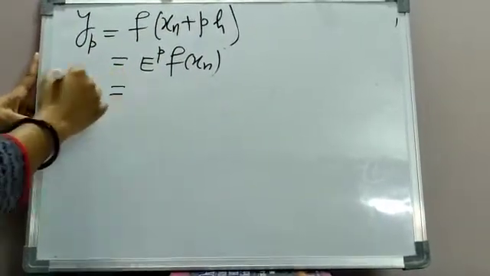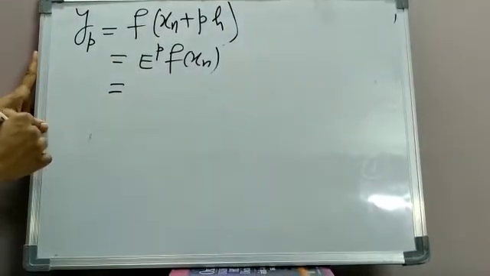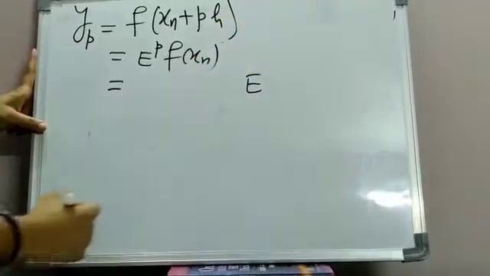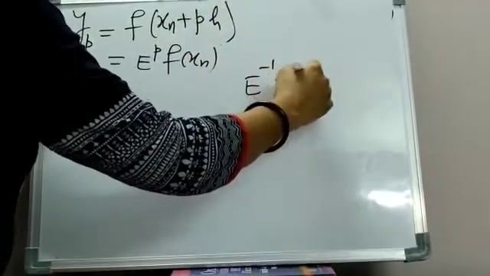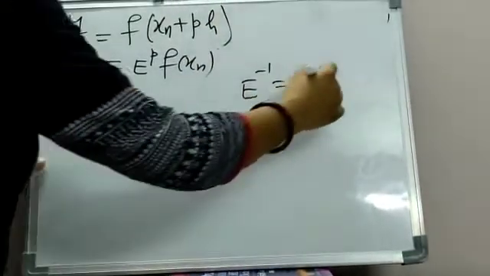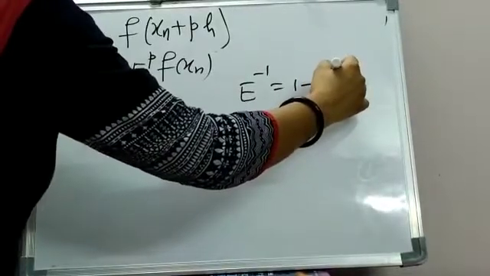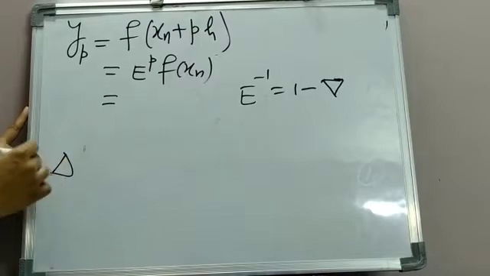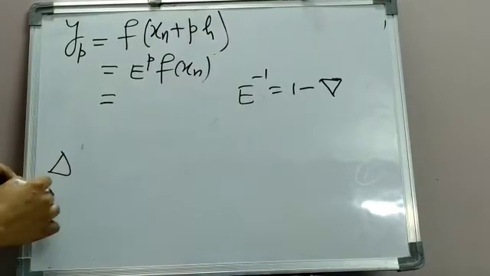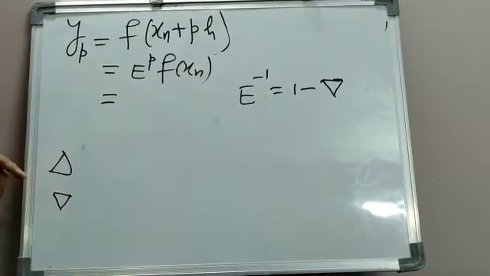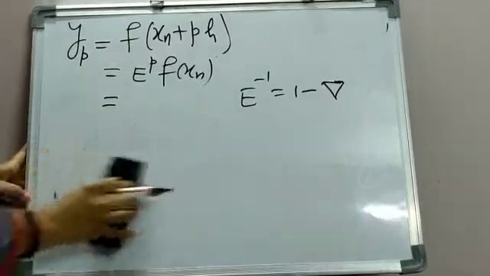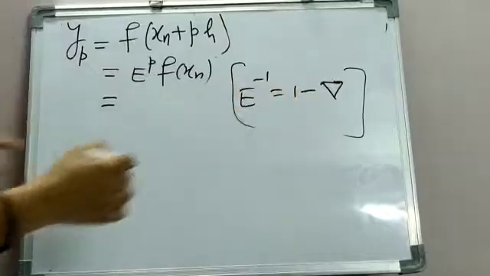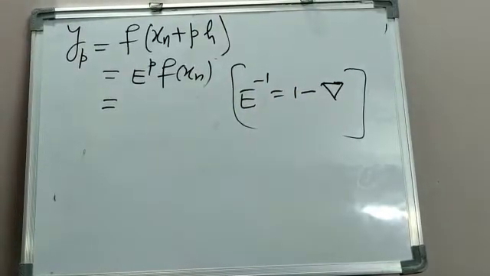Now we know that there is a relation between the shift operator and the backward difference operator. What is the relation? The relation is E inverse is equal to 1 minus the backward difference operator, which is also termed nabla. The forward difference operator we read as del, and the reverse del is read as nabla. So this is the relation between the shift operator and the backward difference operator.